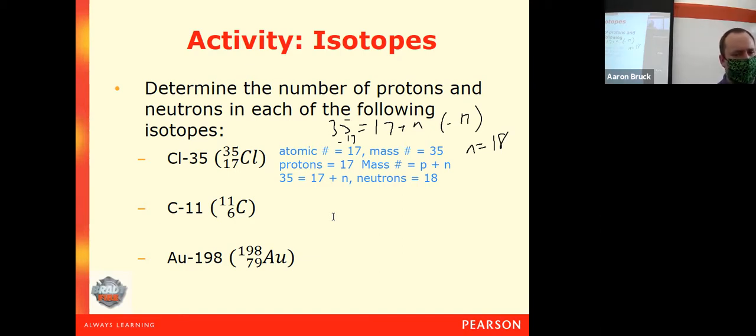For carbon 11, my atomic number is 6. So my number of protons is equal to 6. Neutrons is equal to the mass number 11 minus the atomic number 6. So there are 5 neutrons.